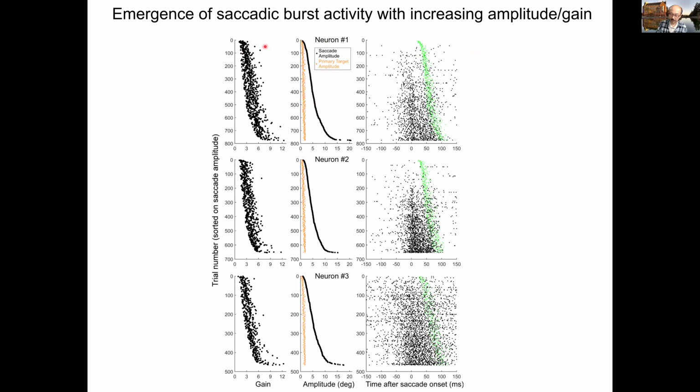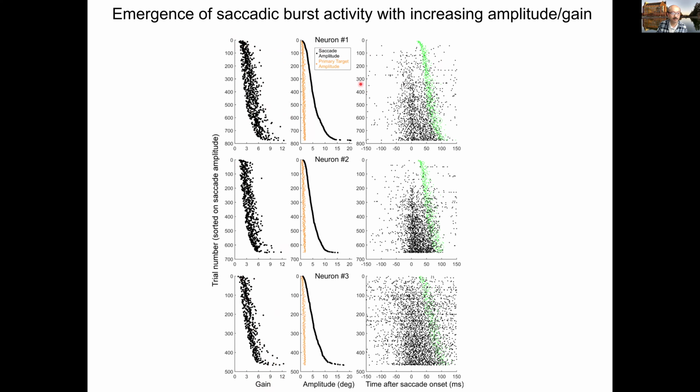So we wanted that because we don't want to contaminate the motor burst of the colliculus, the saccadic burst of the colliculus, with a possible visual response. And then of course, as you expect, because it's sorted on saccade amplitude, the gain here, which is on the left column, is also increasing.